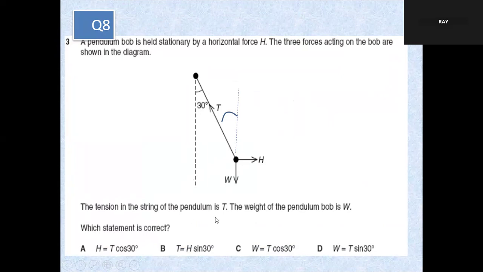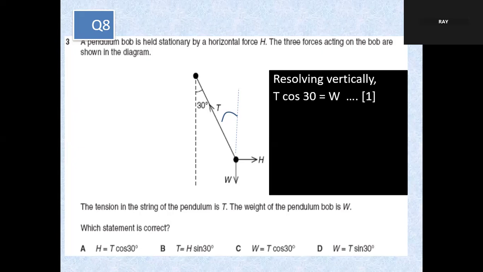The tension in the string of the pendulum is T. The weight of the bob is W. Which statement is correct? What's the answer? C. The answer is C.